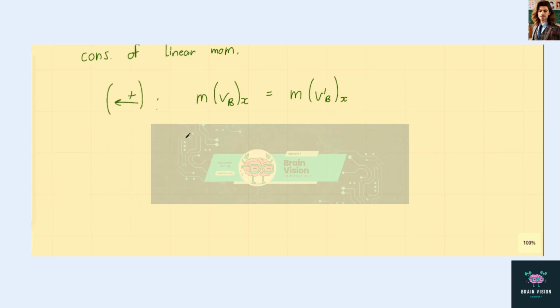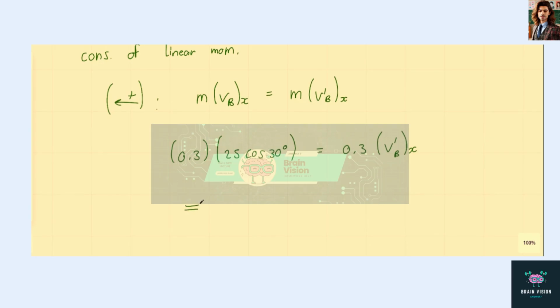Now we know the initial values for the football. That's the mass, which is 0.3 kg, so we're going into SI units. And the x component of its velocity is 25 times the cosine of 30 degrees. And this is equal to 0.3 times the x component of its final velocity after it rebounds, v prime bx.